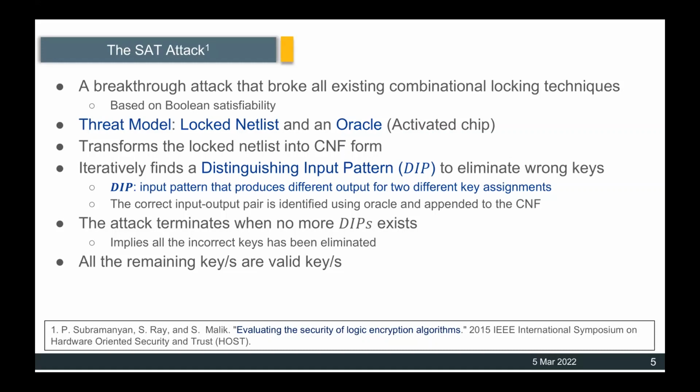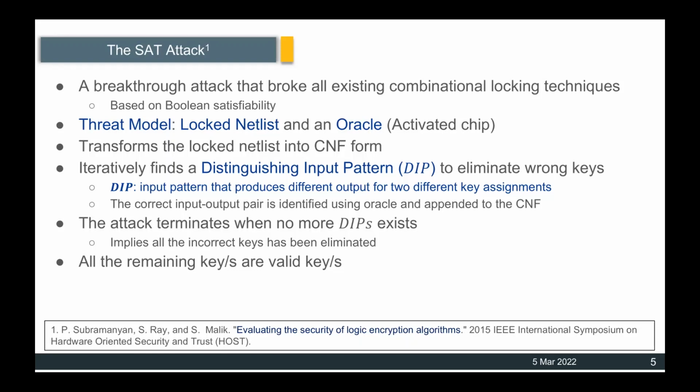So now the objective of the adversary, from the locked netlist and the activated chip access, which we call oracle access, is: can the adversary obtain the value of the keys or the keying elements?